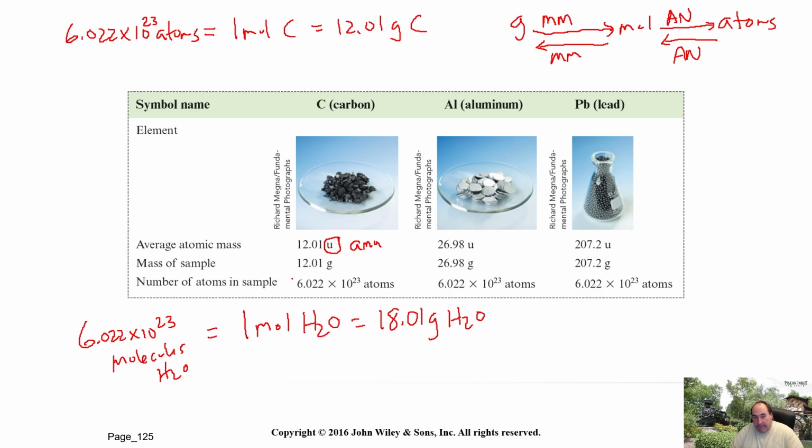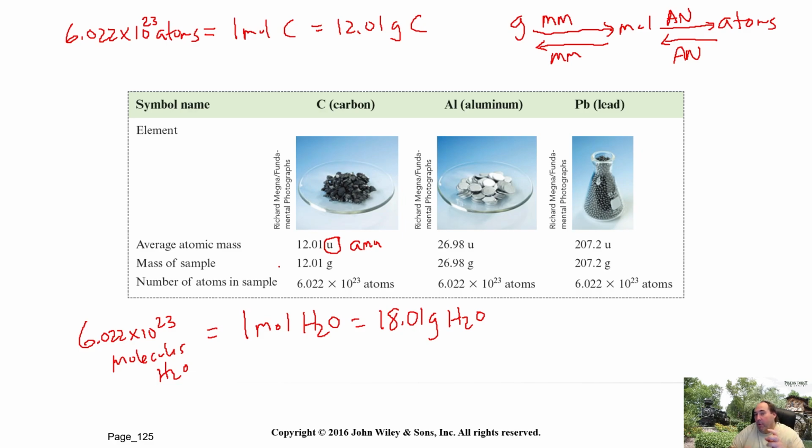That's also why, for example, if you look at a mole of some of these substances, they may not look like the same amount of something. For example, a mole of sulfur represents 32.07 grams, while a mole of carbon represents only 12 grams.